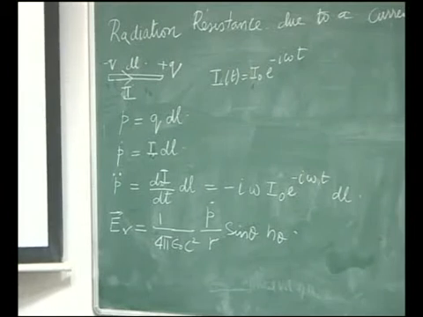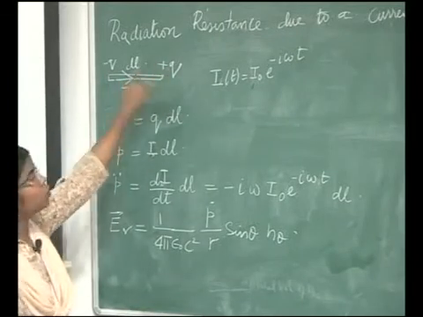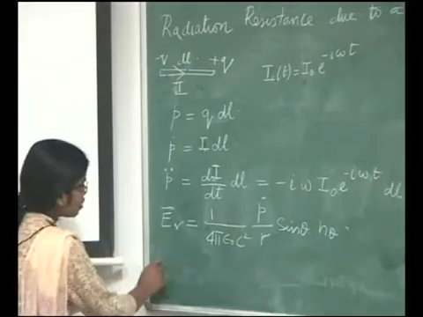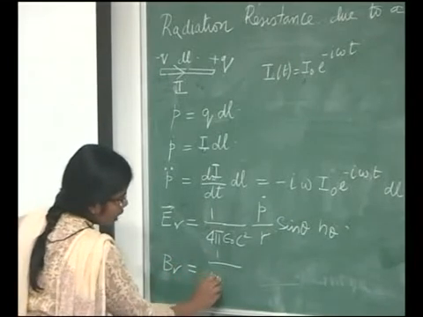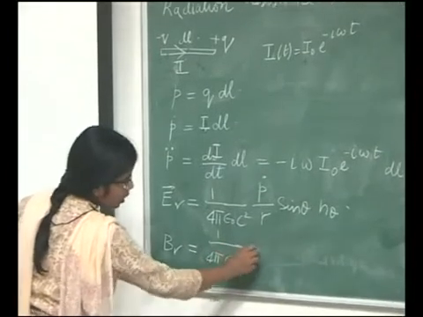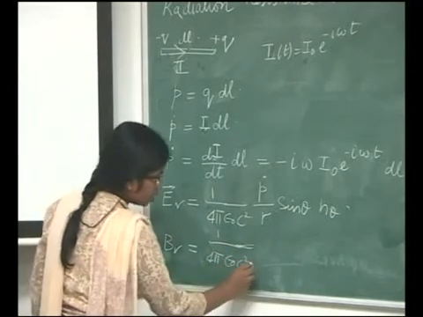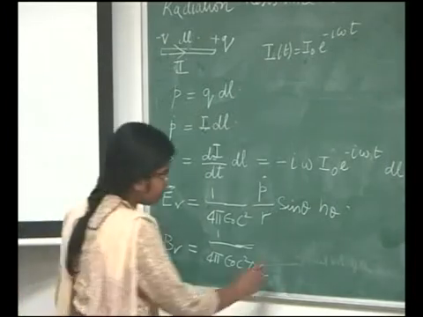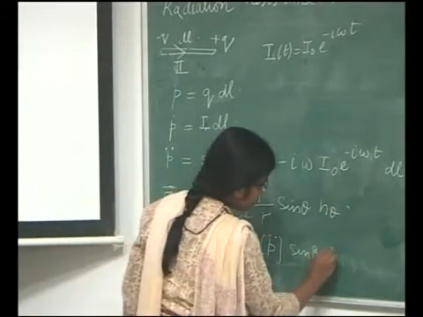And also from Biot and Savart law, I can calculate magnetic field intensity at some point P due to this current element. So, that comes out to be Br is equal to 1 upon 4 pi epsilon 0 c square r c P double dot sin theta n phi.